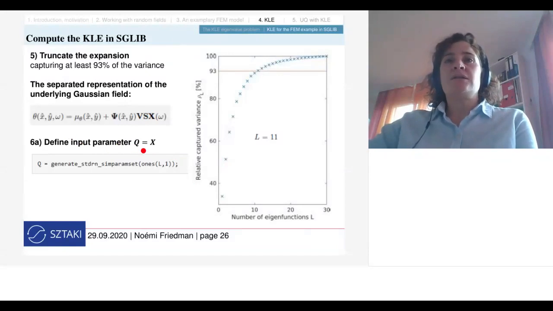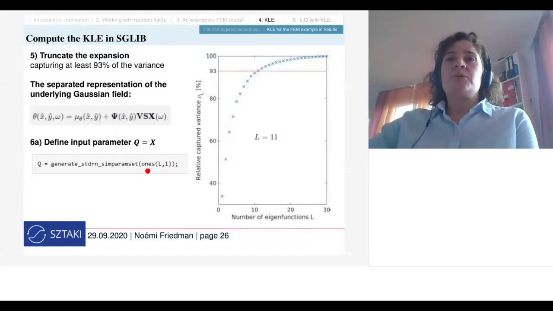Now, to define this set of parameters, I use the symparam set object, and with this function I can create a symparam set object which has only independent Gaussian random variables with the given, and I'm not sure if this is the variance or the standard deviation, but you can find it in the help functions.